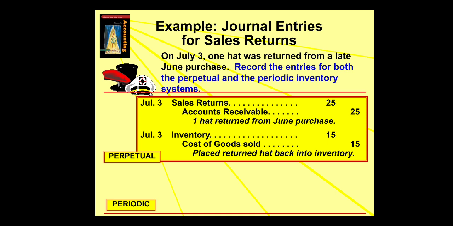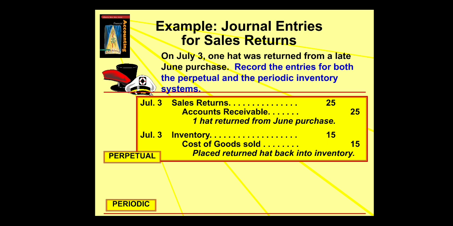And then the second thing for the perpetual inventory system, the business has to update account inventory. When the business sold the hat, the business credited account inventory because inventory goes out. Now when the customer returns the item, the inventory comes back into the business. So the business has to record an increase in inventory.